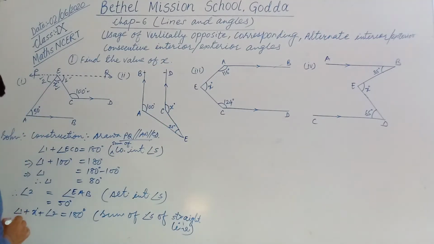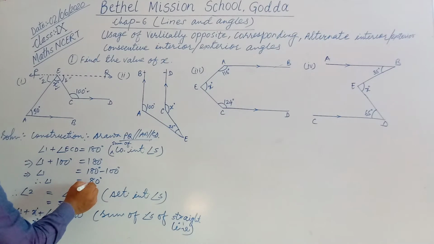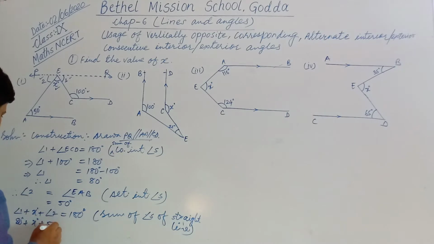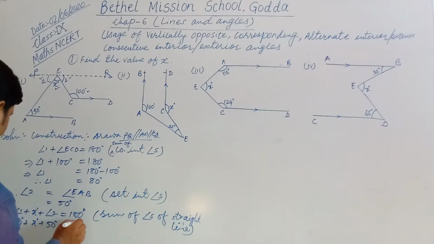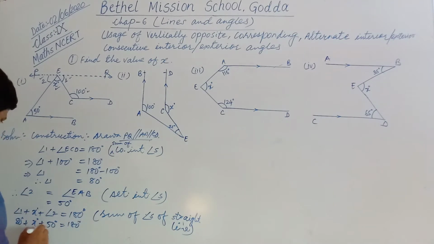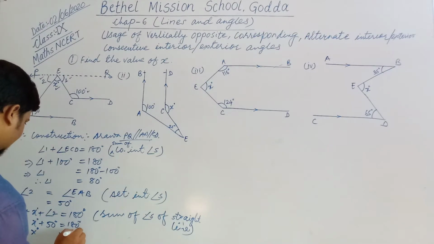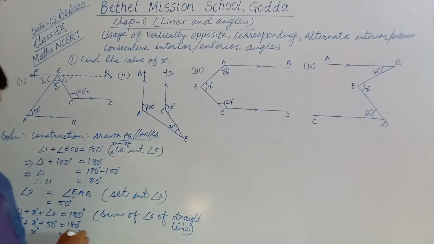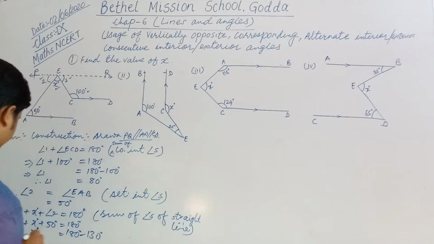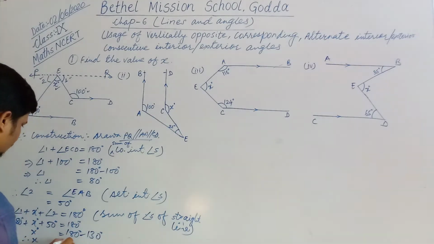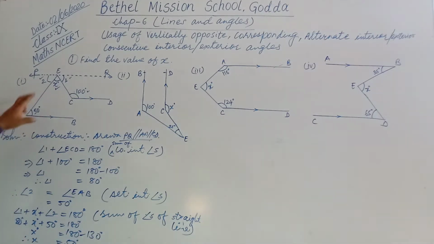Then angle 1 is 80 degrees, x degree, angle 2 is 50 degrees, equals 180 degrees. X degree equals 180 degrees minus 130 degrees. Therefore, x equals 50 degrees. So the value of x came to 50 degrees.